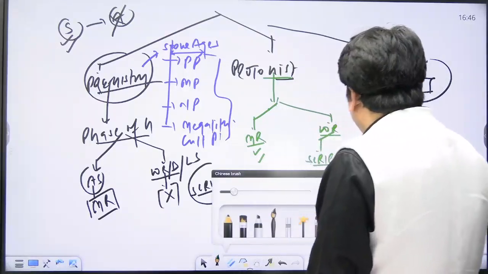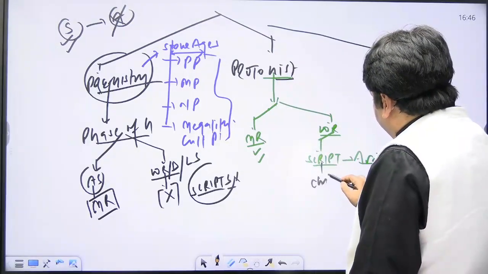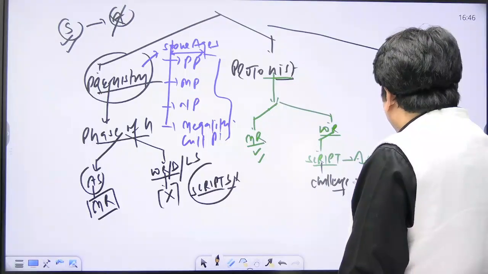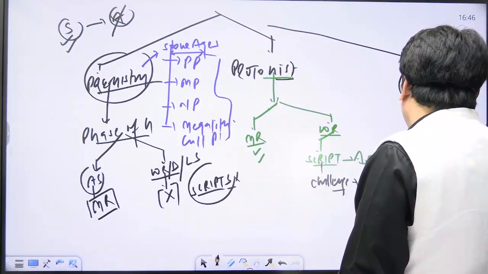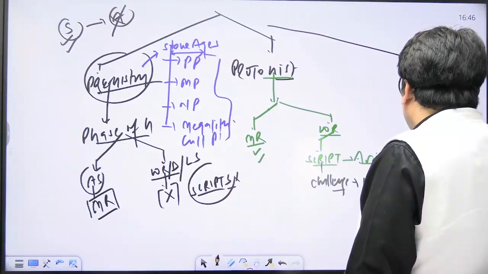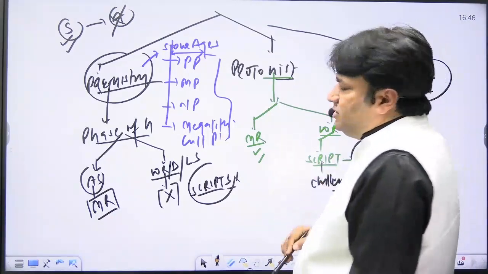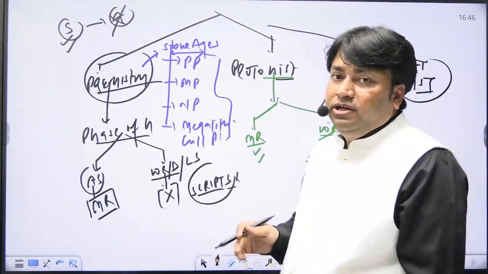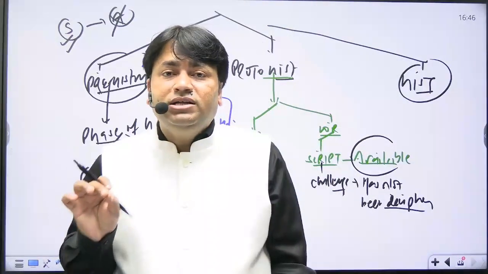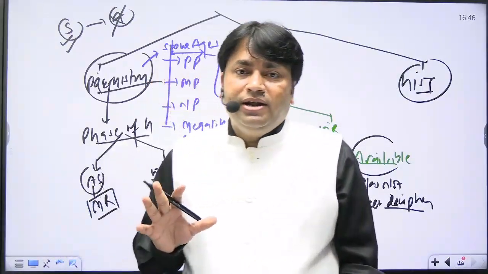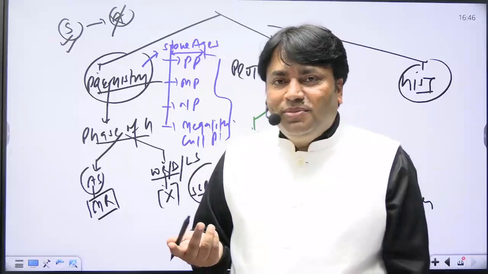And what is the challenge? The challenge is the script has not been deciphered. Script is available, but this script has not been deciphered. This is the challenge, that there is the availability of a script, but the script has not been deciphered. Are you getting my idea? There is a script, but the script has not been deciphered.